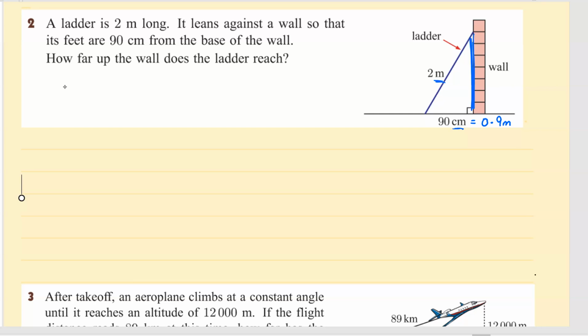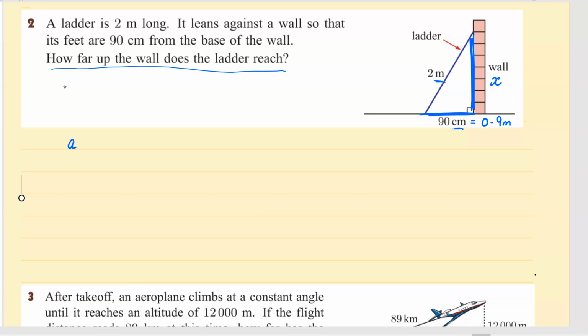This is the two lengths that make up the right angle. Now I don't know the height of the wall, so we'll call that x. Right, and we better make sure we read the question. How far up the wall does the ladder reach? So that is the x that we want.